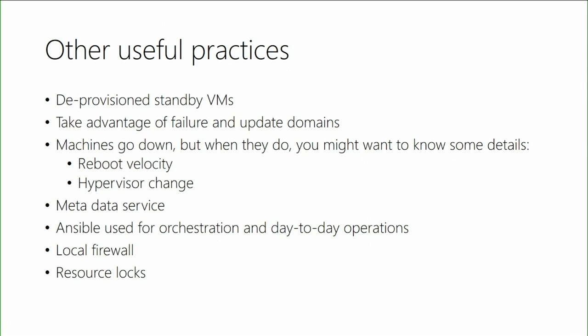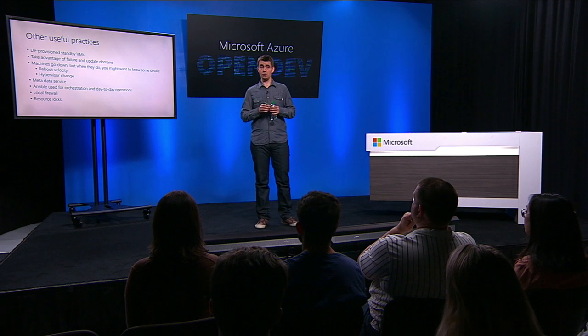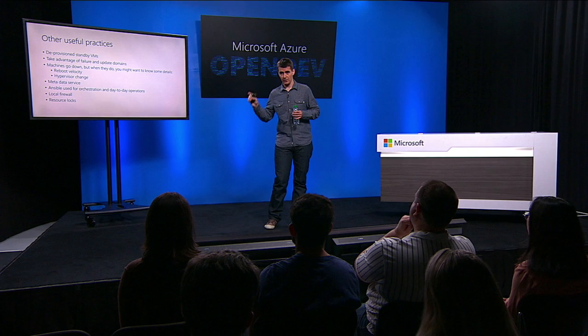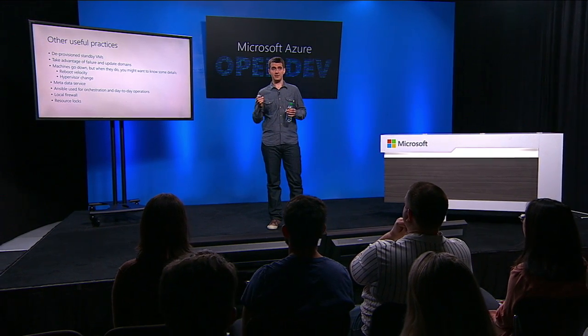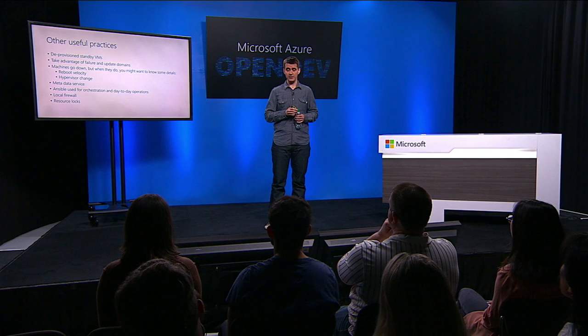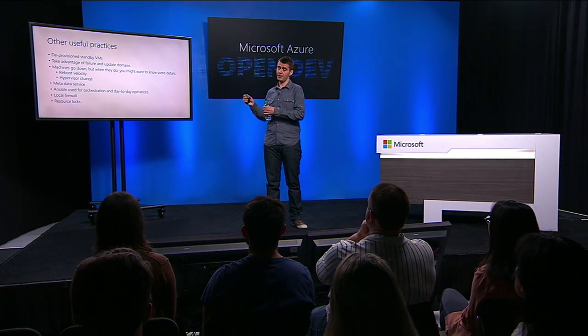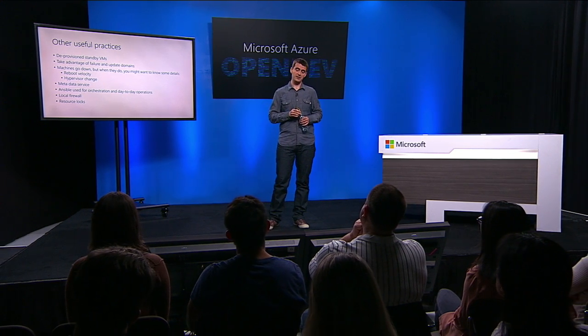So what Azure allows you to do is deprovision the VMs, so you don't pay for the compute. And if you need to, you simply provision the VM back, and it's up and running within minutes. That's really good, and something that we use to ensure that there is some buffer of capacity at any time.